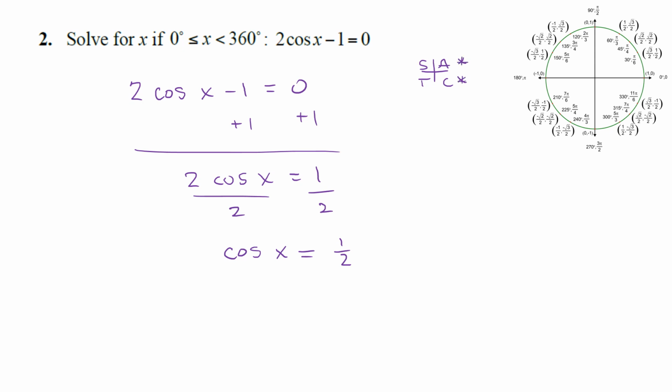So we'll look for the angles in those two quadrants that have a cosine of 1/2. Okay? And so using our unit circle here, that would be 60 degrees and it would be 300. So x equals 60 degrees or 300 degrees.